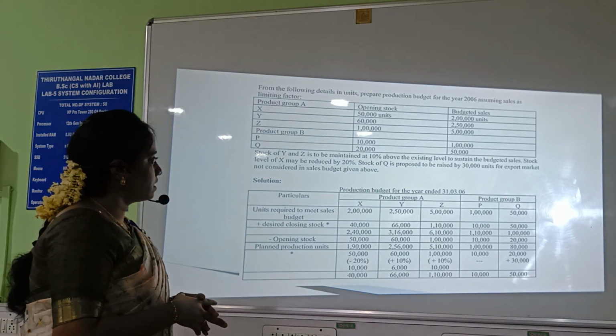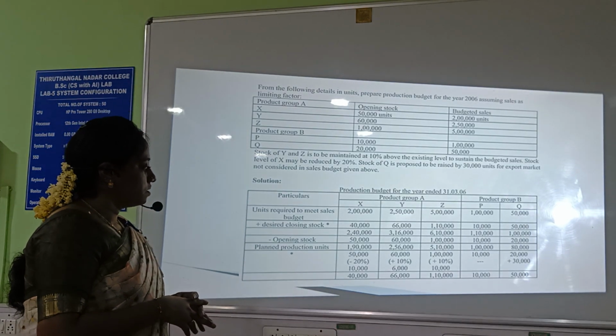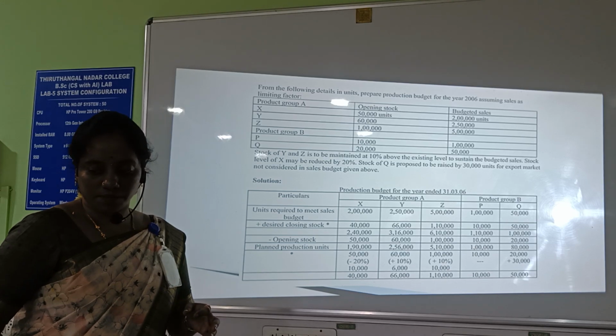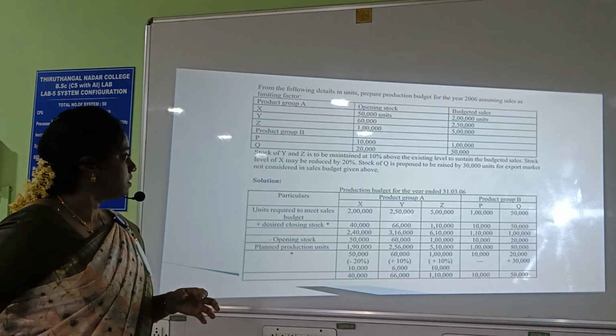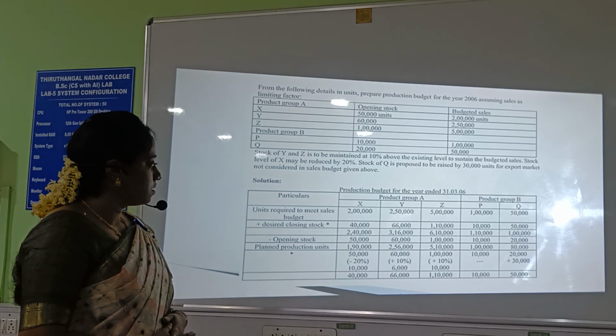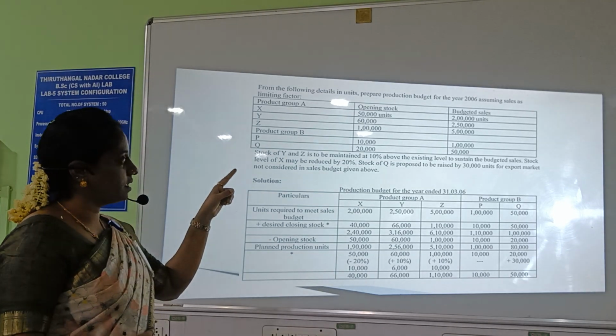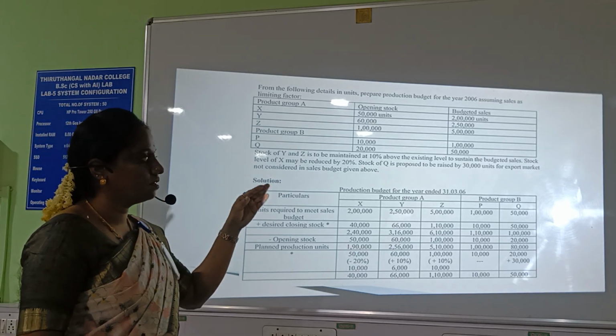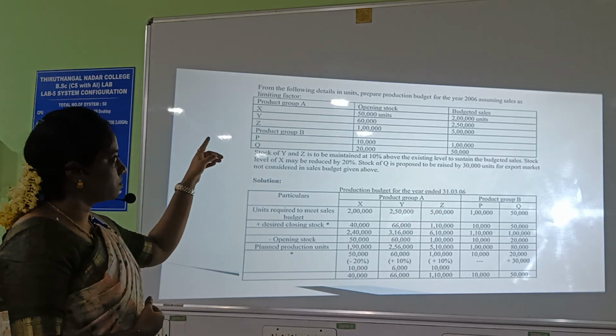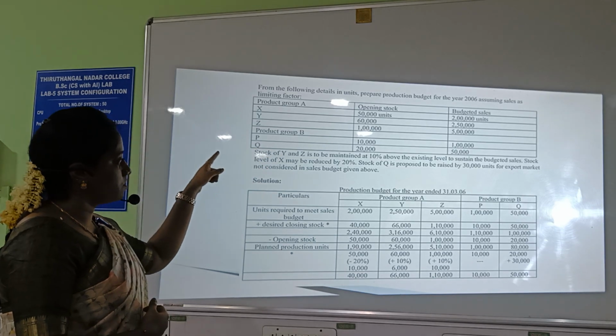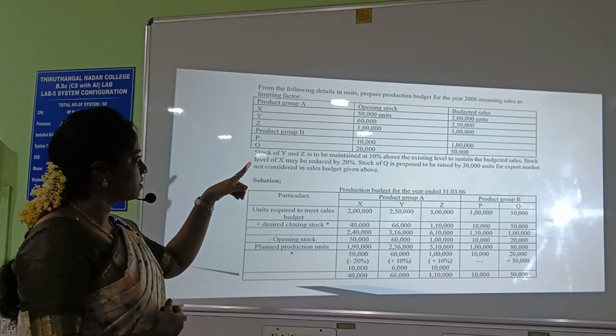Stock of Y and X is to be maintained at 10% above the existing level to sustain the budgeted sales. So stock of Y is 60,000 and stock of Z is 1 lakh.